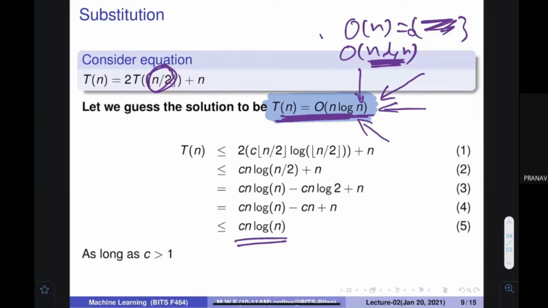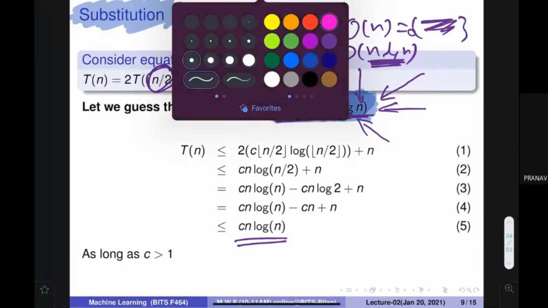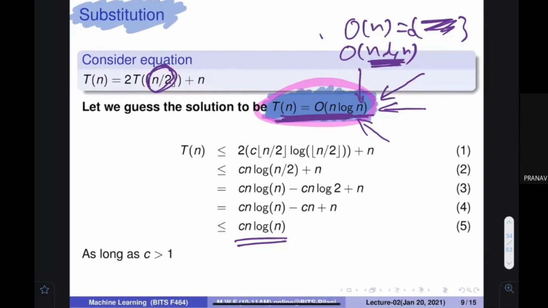But how to find out whether this is exactly the tight and right bound, we are not discussing here. We are only discussing how we can use the substitution method. If you ask, sir, how did this come, I'm not talking about that. As your question was, it is also going to be true for order of n, because this is a superset of order of n log n.